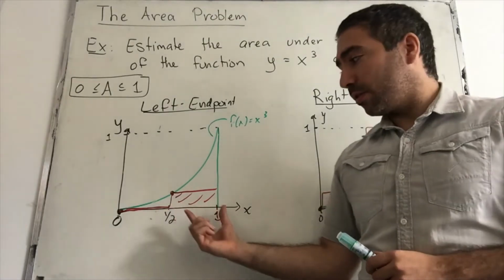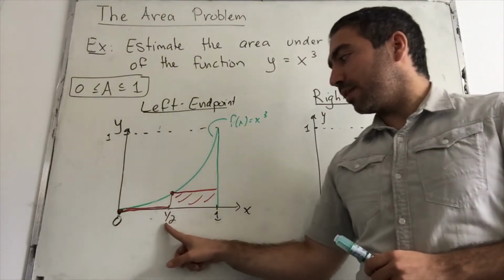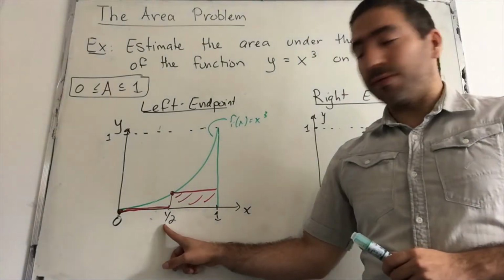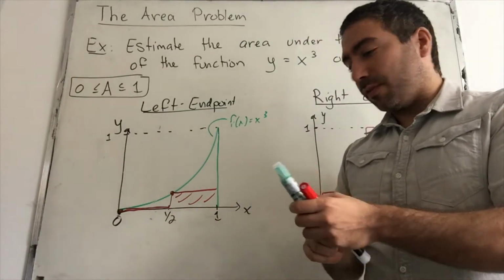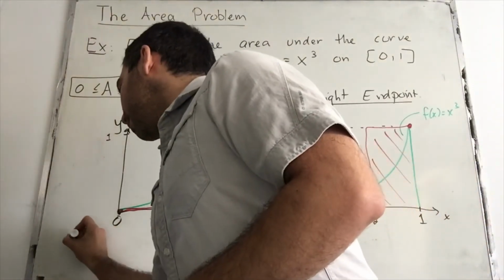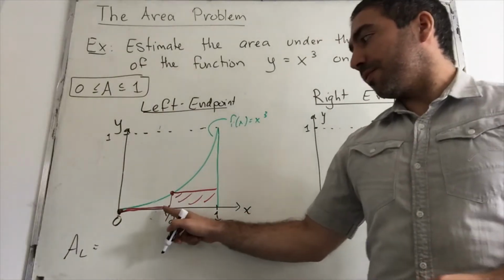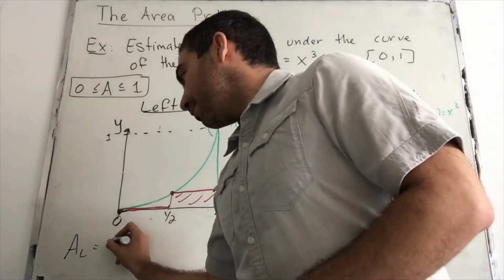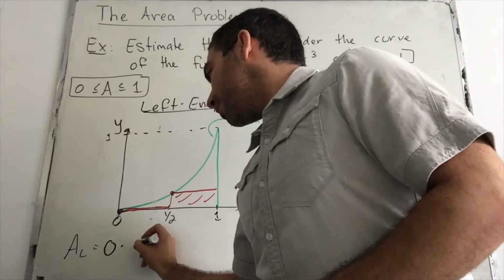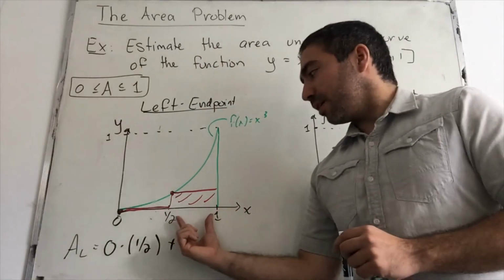But what's the area of the red section? Well, we could figure this out. We know that the height of this first region is 0 and the width is a half. So finding the area from the left endpoint, let's call it area L for now. The first rectangle is length times width, so 0 times a half, plus, here, what's the height?